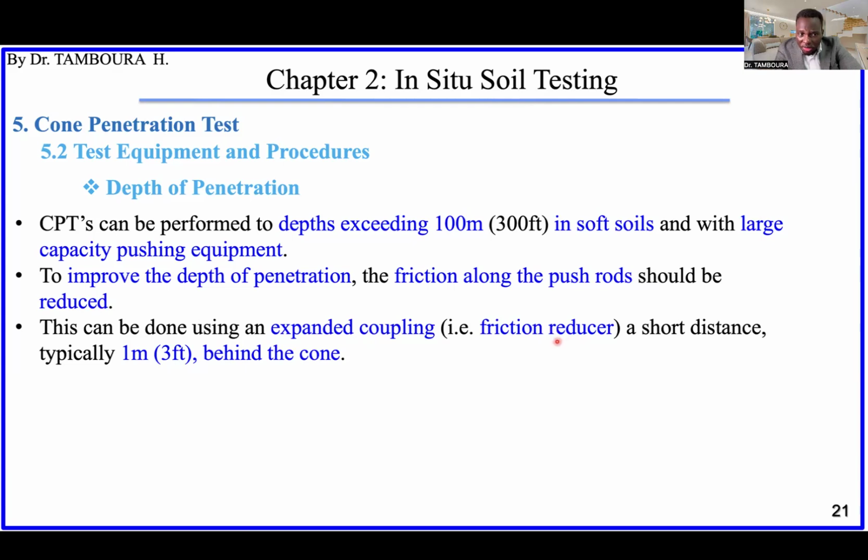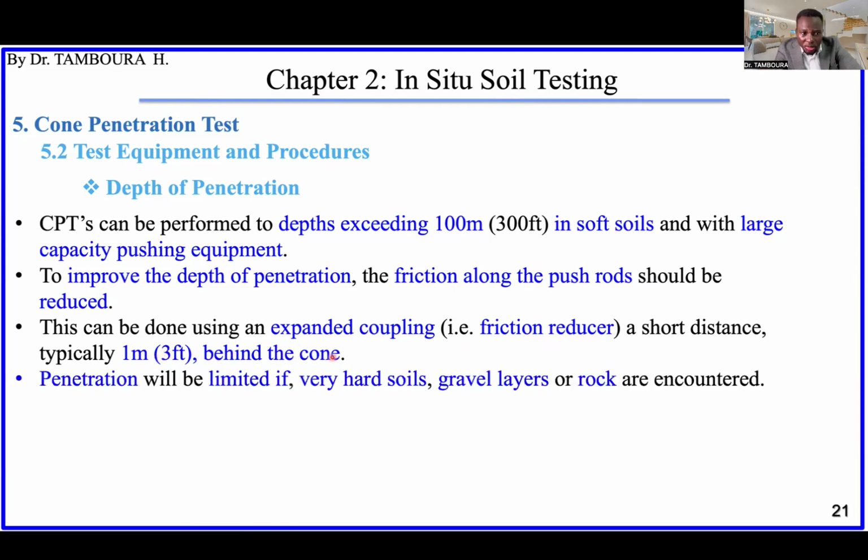That is just about 1 meter behind the cone. The penetration will be limited if a very hard soil like a gravel layer or rock is in the ground.